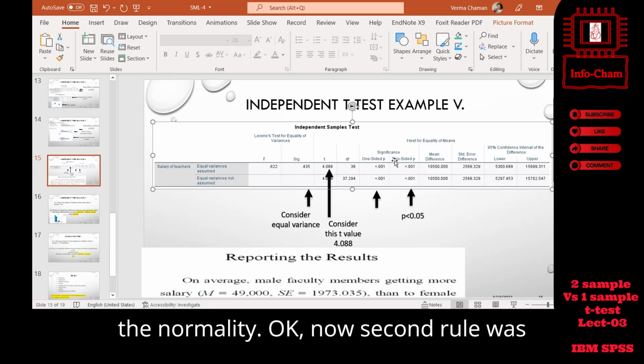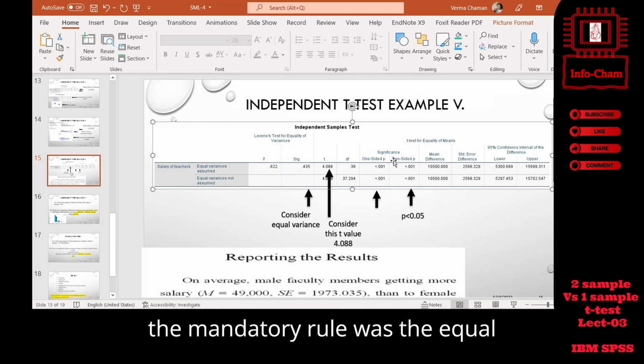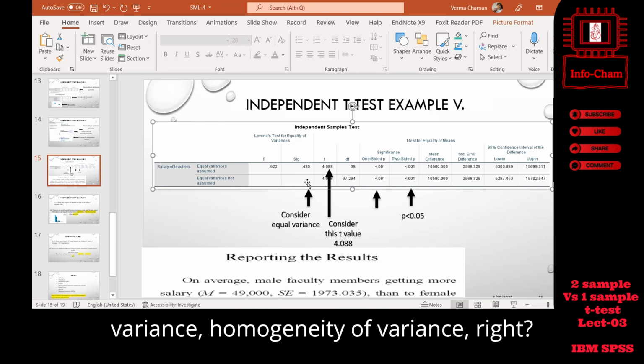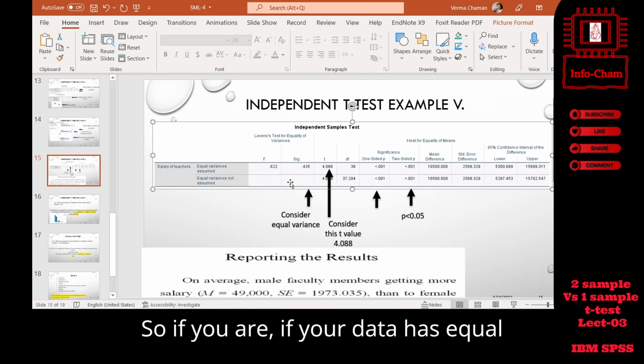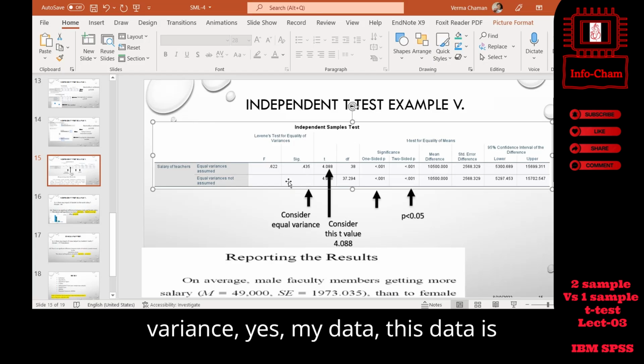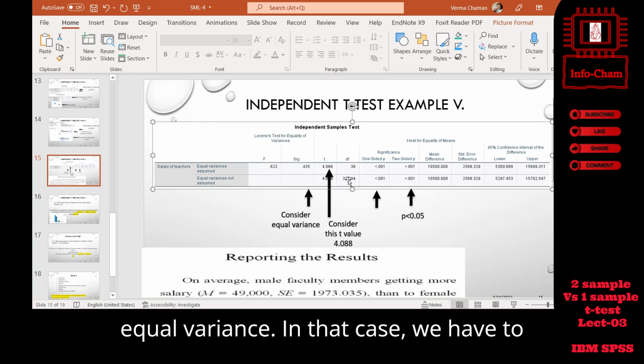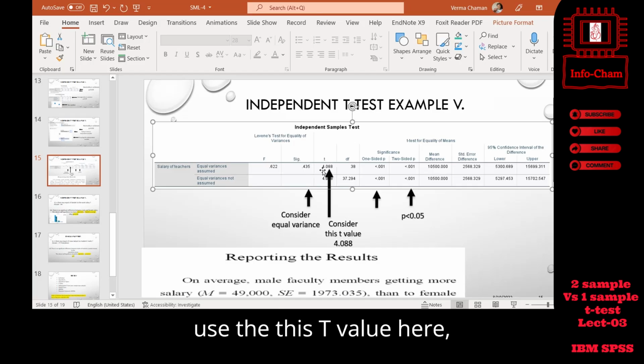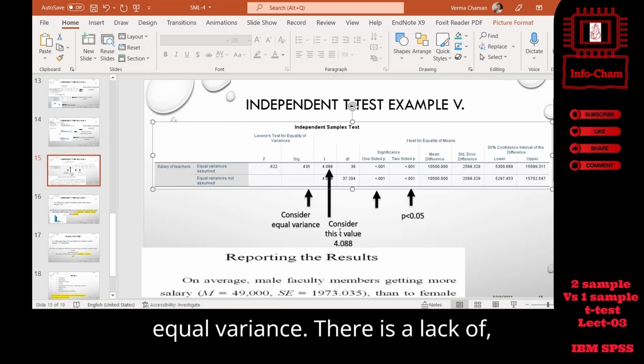Now the second, mandatory rule was the equal variance, homogeneity of variance, right? If your data has equal variance, yes, this data has equal variance. In that case, we have to use this t value here, 4.088, right? Sometimes my students are not able to achieve equal variance.